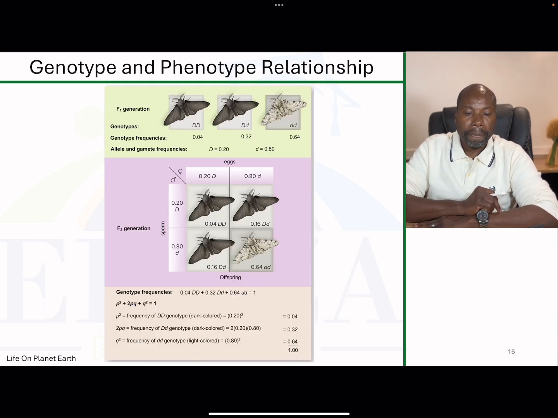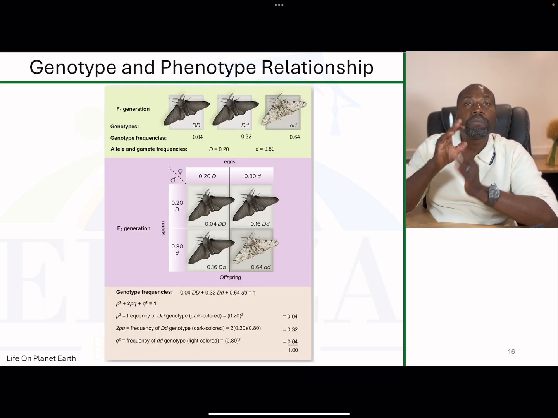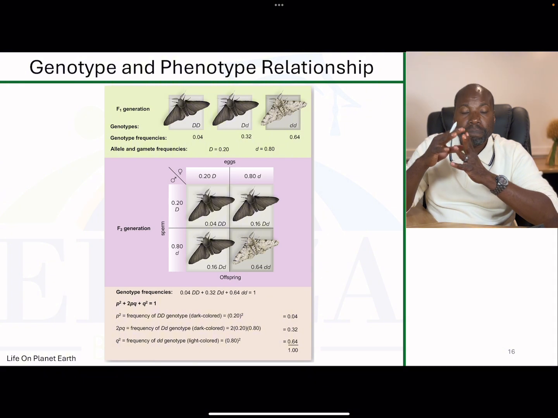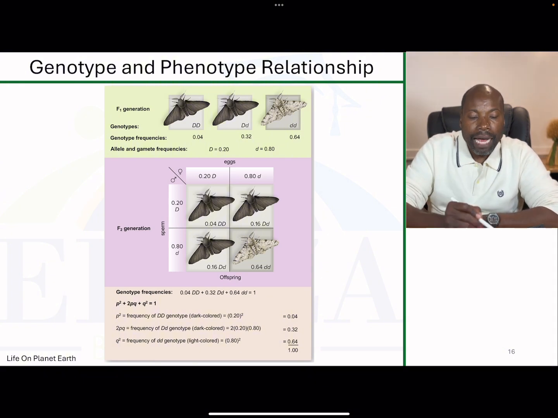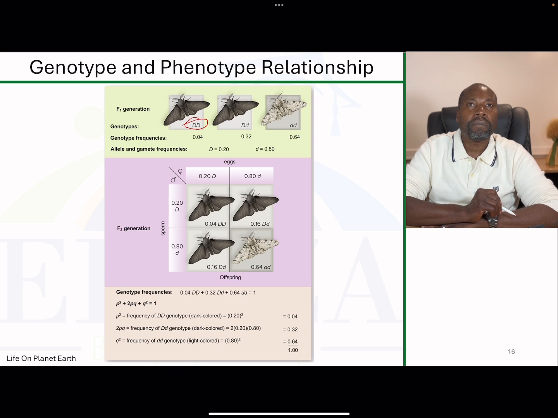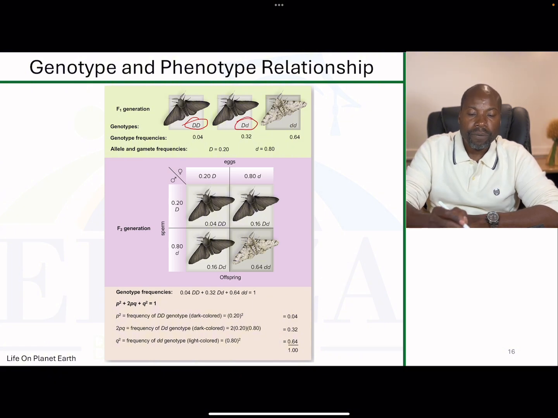All right, so now let's break down this problem. We have the dominant homozygous here, heterozygous here, and recessive homozygous here.